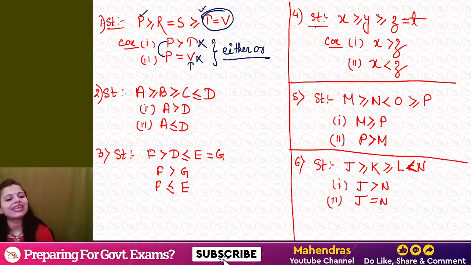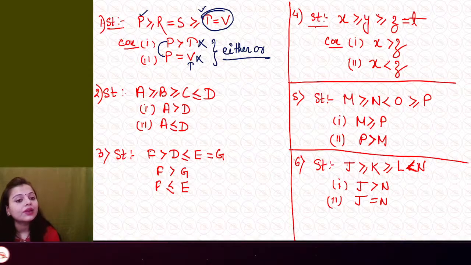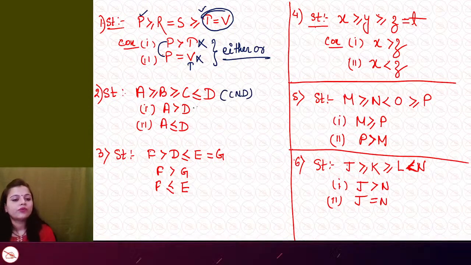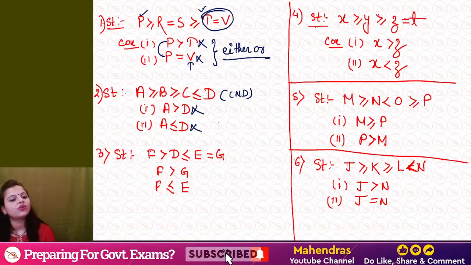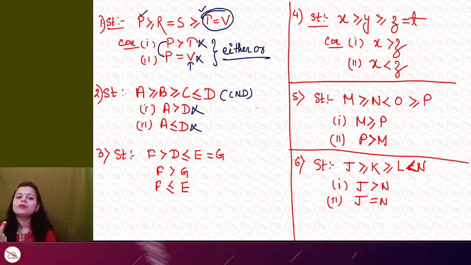Yes. Okay. Now the second, A and D, the relation between A and D. See, greater equal, less equal. That means A and D are C and D. So only greater is wrong, less equal is wrong. So let's go with the rules. Rule number 1, individually wrong. Rule number 2, elements same.